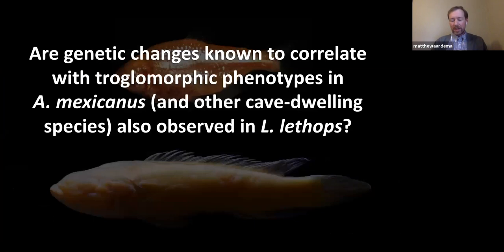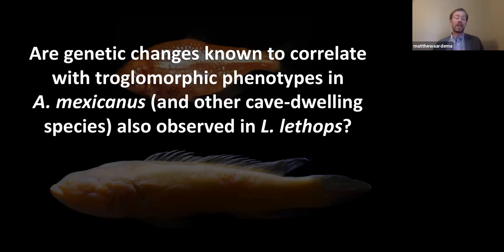So when Melanie and Liz and I set out to think about this fish and how we wanted to go about assessing it, one of the big questions we wanted to address is, do we see the same genetic changes in these fish that we would see in these cave-dwelling species? Astyanax, of course, is probably the most well-studied, with all the genome resources available for it.